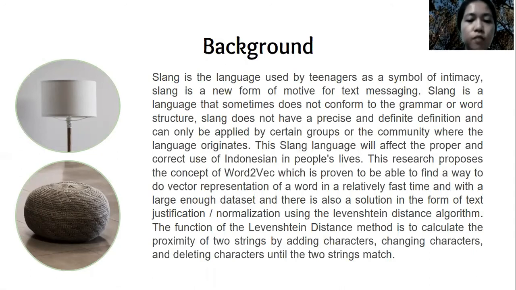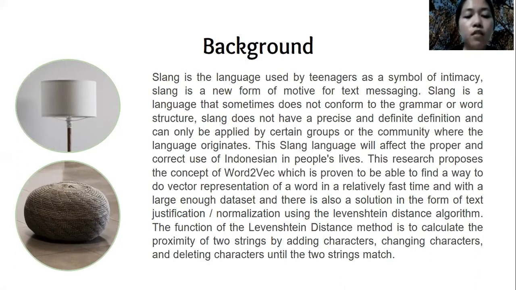This research proposes the concept of Word2Vec, which is proven to be able to find a way to do vector representation of words in a relatively fast time and with a large enough data set, and there is also a solution in the form of text normalization using the Levenshtein distance algorithm.